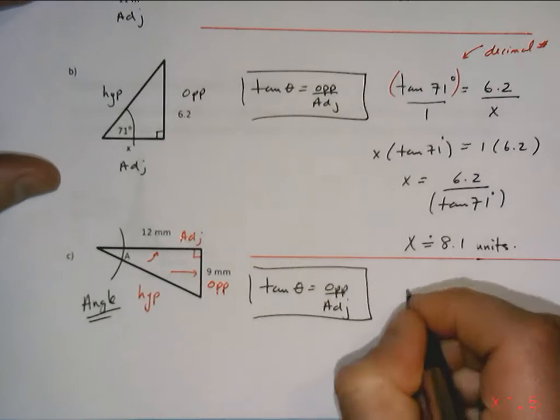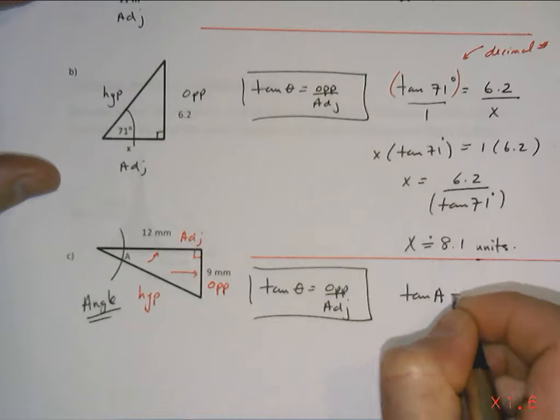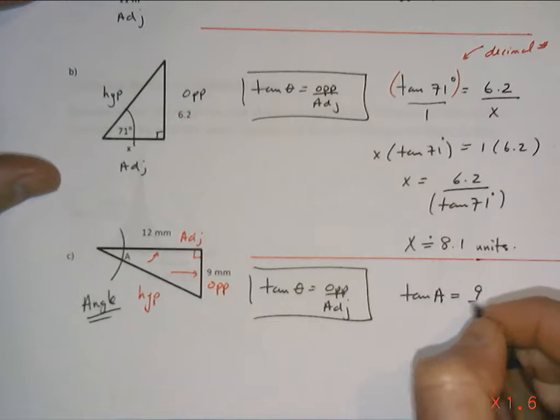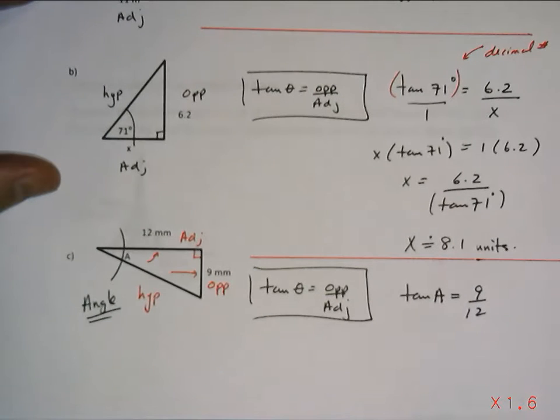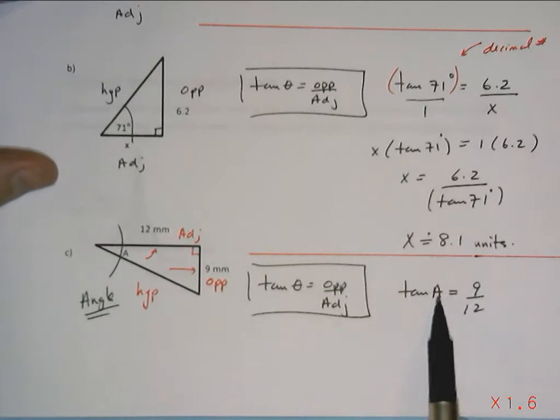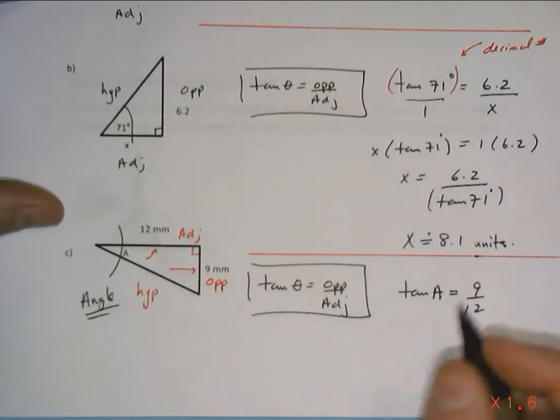So I'm going to get the tan of angle A is going to equal 9/12. Remember, I need to come back to an angle, so we need to do the inverse operation.